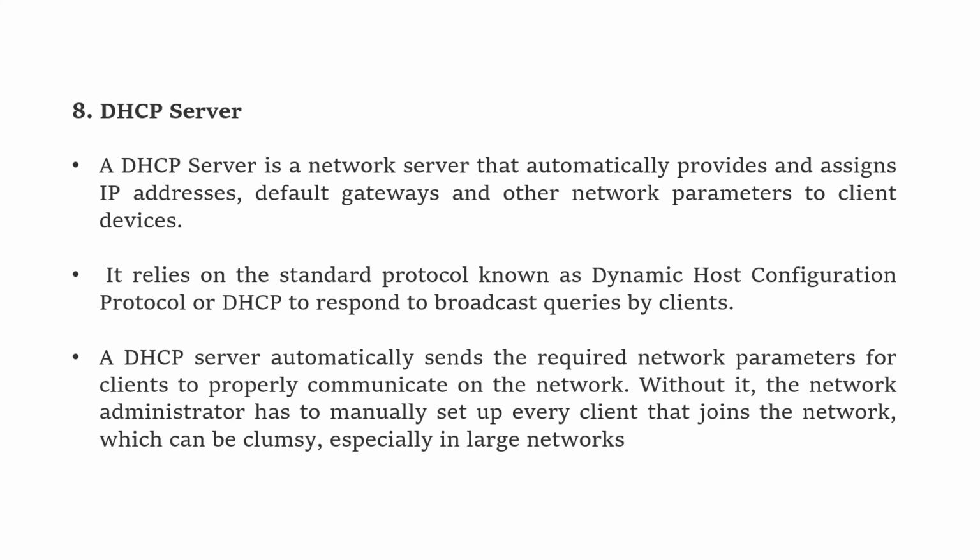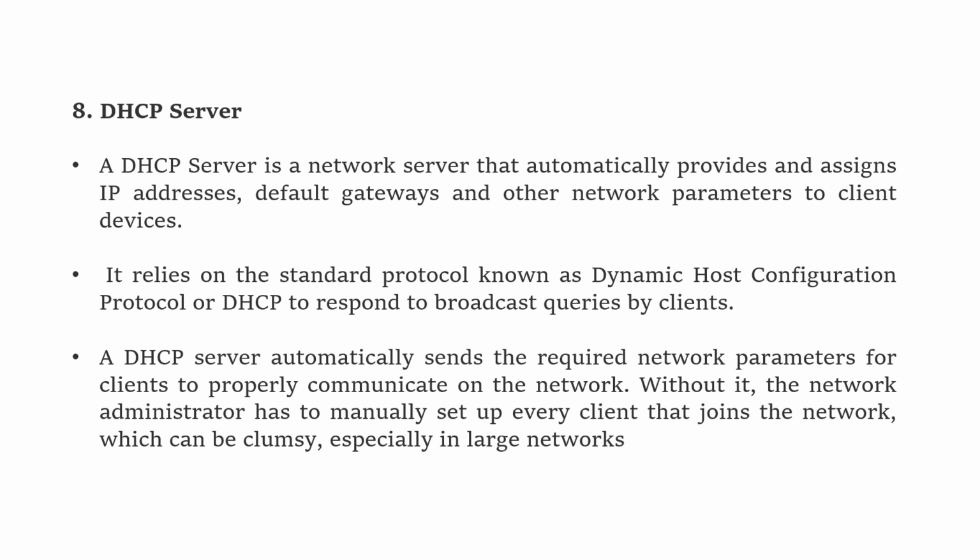Next is the DHCP server. This is a network server that automatically provides and assigns IP addresses, default gateways, and other network parameters to client devices. It relies on the standard protocol known as Dynamic Host Configuration Protocol, or DHCP, to respond to broadcast queries by clients.